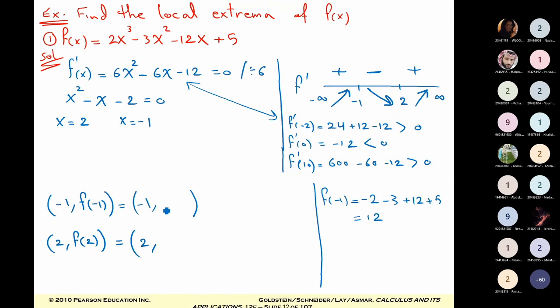So negative 1 and 12. At this point, f of x is maximum or minimum? Maximum. So f of x has a local maximum.